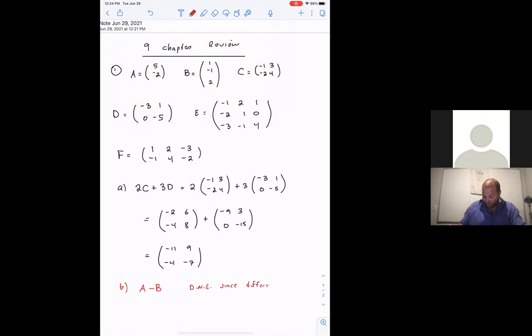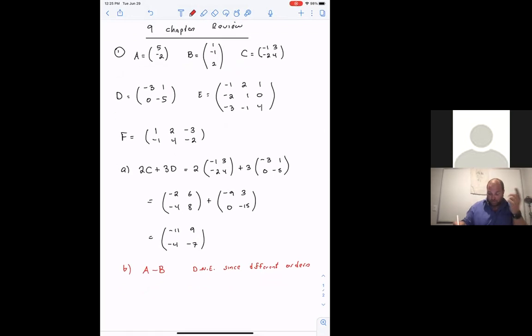It is not correct to say no solution. That is different than does not exist. No solution means it's a perfectly valid problem. There is nothing that I can plug in for the unknown, for the variable that makes it true. That's not what we have here. We just have an undefined operation. You're not allowed to subtract these.